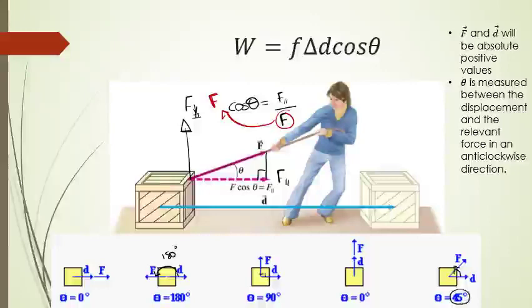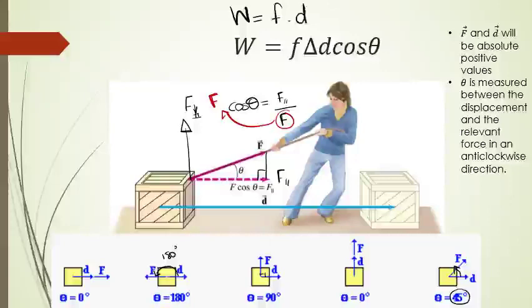This force can be up that way, it can be this way, it can be in any which way. And you've got to figure out what that theta is according to this line, the direction of your motion, and the applied force.